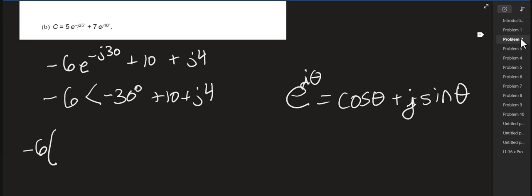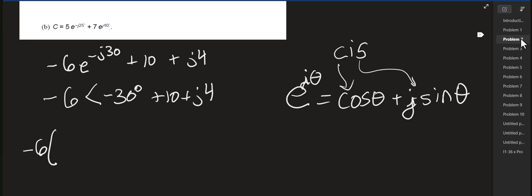I always remember this because when I learned this in high school, we had a shortcut way of writing it: cosine, the imaginary unit, sine, cis. If you remember that order, that reminds you that it's cosine and then j sine, just if you're forgetting which one goes with which.